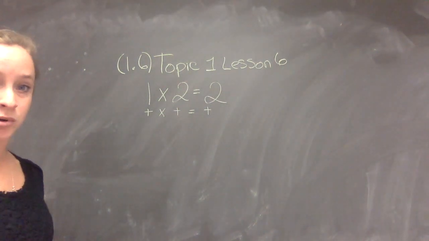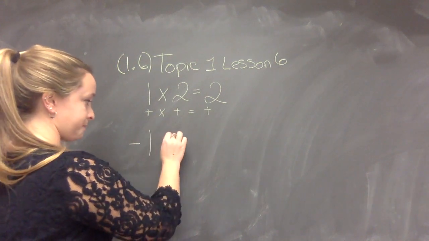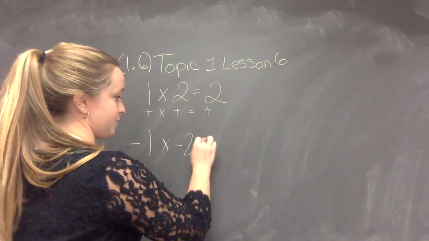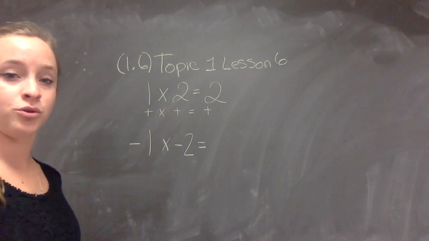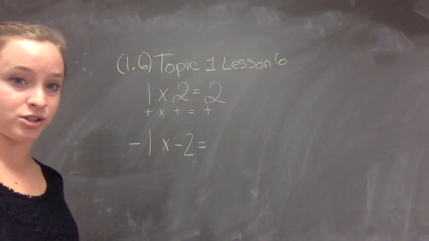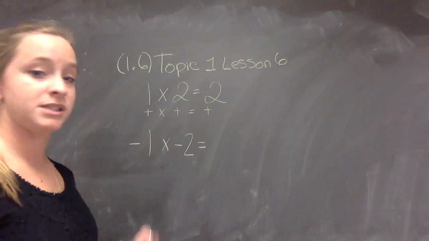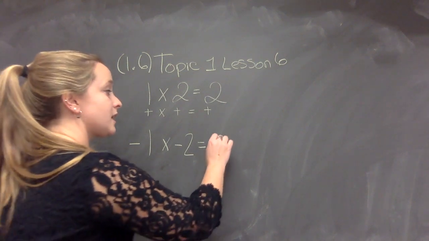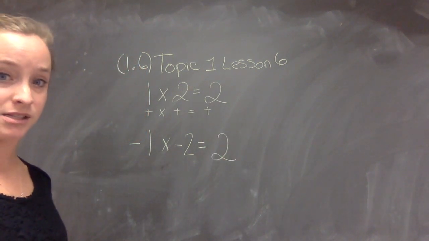The second example is if I have a negative, let's say -1 times -2. Now as we talked about, two negatives when we subtract numbers, they cancel each other out. So if I have -1 times -2, I am going to get an answer that is positive, or a product that is positive.